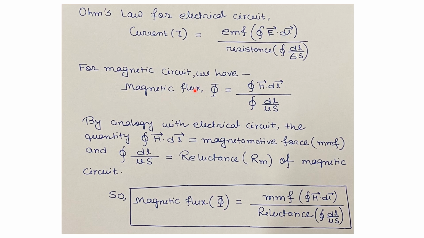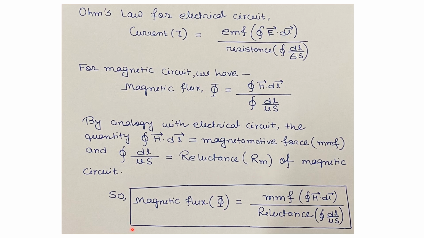Similarly, for a magnetic circuit we have magnetic flux phi equals the closed path integral of H divided by the closed path integral of dl by mu S. By analogy with our electrical circuit, the closed path integral of H vector is defined as the magnetomotive force, which is MMF, and the closed path integral of dl by mu S is analogous to the resistance term in the electrical circuit. So this is the reluctance of the magnetic circuit.